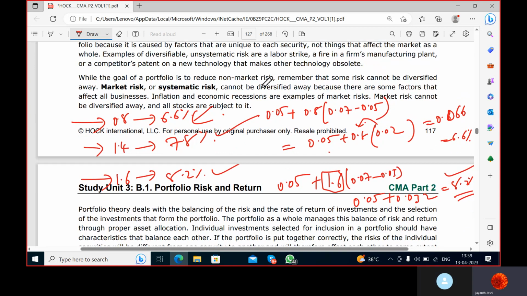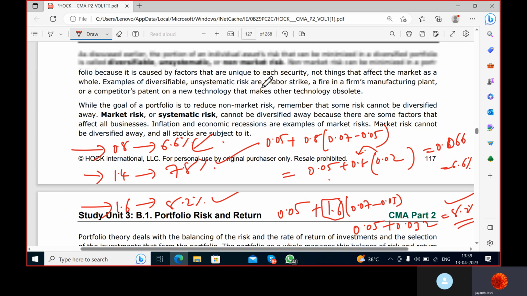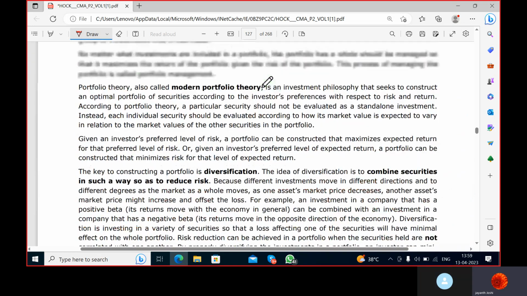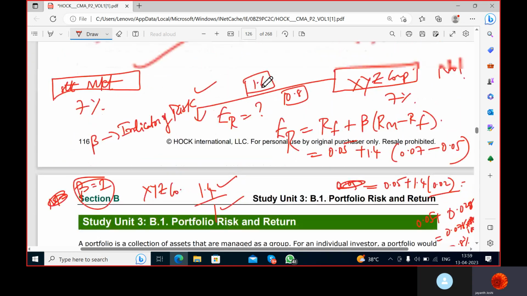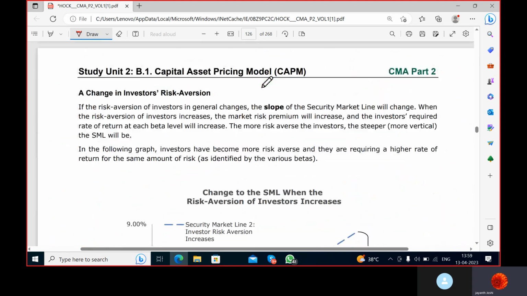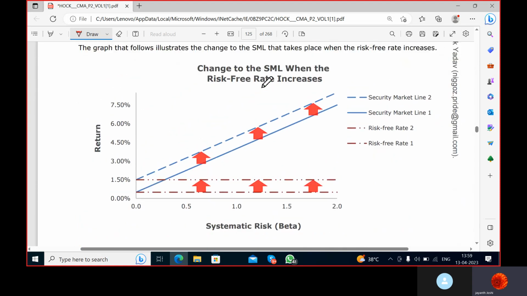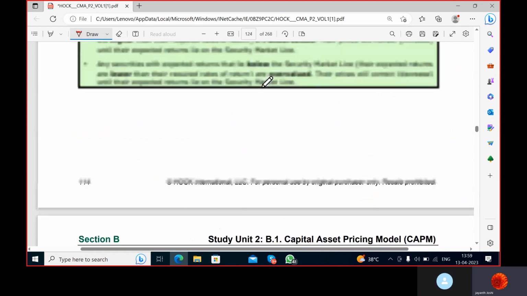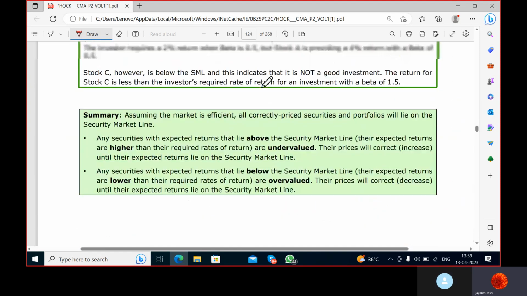As the beta value increases, because the systematic risk is increasing, the returns will also increase. There are two types of risk here: systematic and unsystematic. Systematic is the market risk, and unsystematic risk is the risk associated with a single company, which can be reduced through diversification.